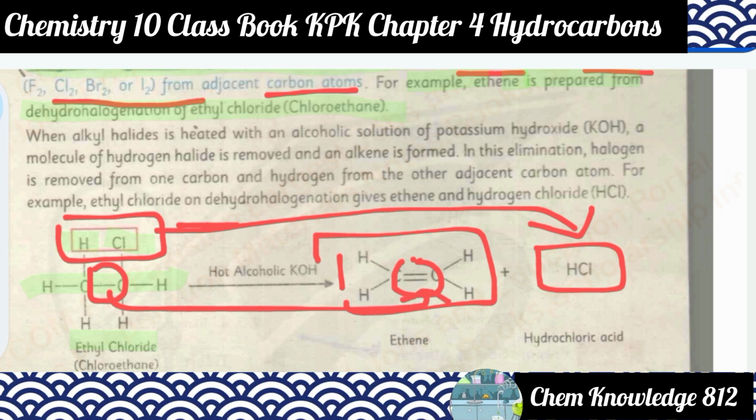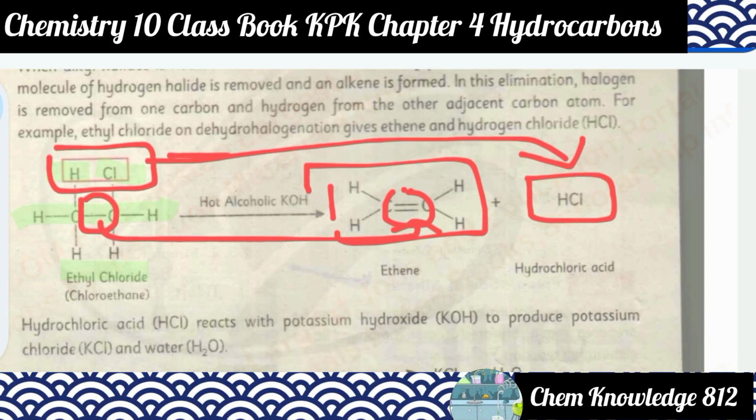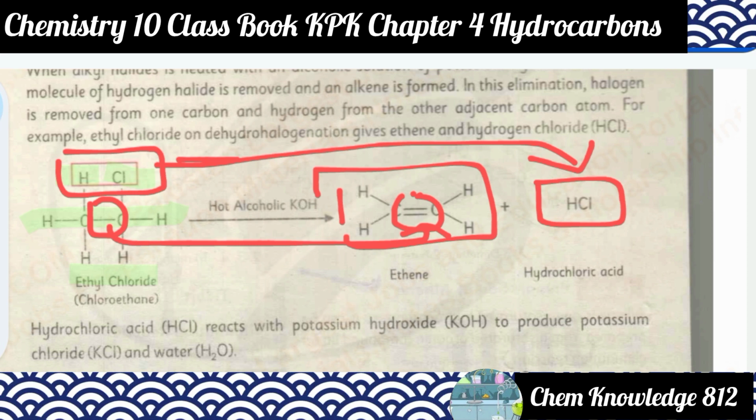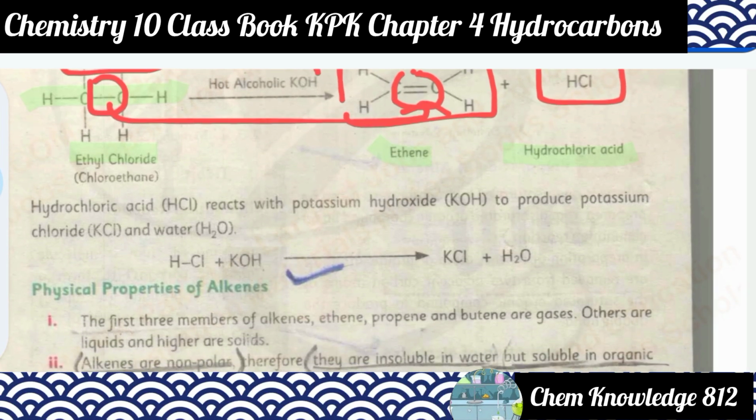So this is the dehydrohalogenation of ethyl chloride into ethene, and hydrochloric acid is formed. Hydrochloric acid reacts with potassium hydroxide to produce potassium chloride and water.